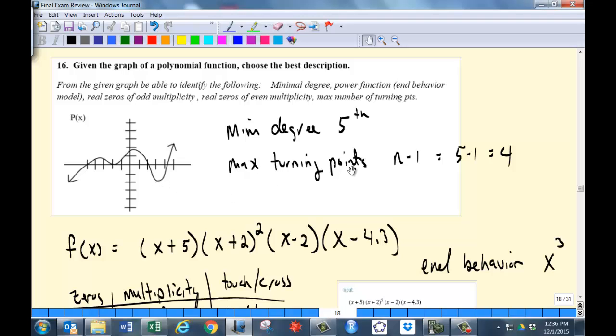So the maximum number of turning points is 4, and so that means the minimum degree must be 5. The degree cannot be 4, right? Because if the degree was 4, and you have 4 minus 1, the maximum would be 3 turning points. There's more than that. So the degree is always one more than the number of turning points.